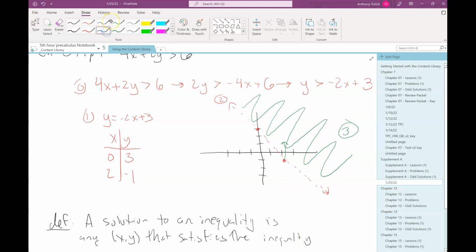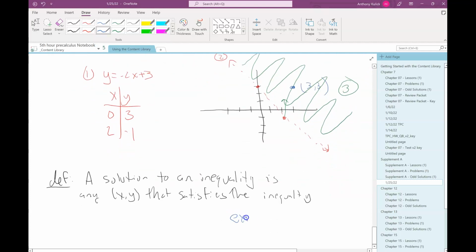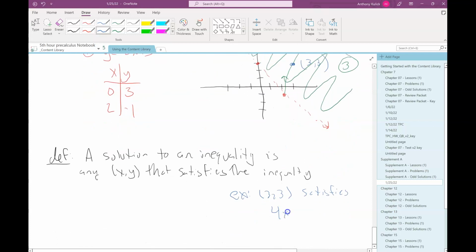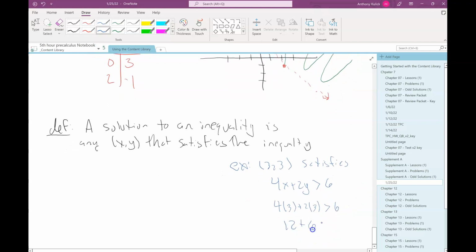So for example, even the point here, like 3, 3, that's not on the line, satisfies our inequality that we had here of 4x plus 2y is greater than 6. Since 4 times 3 plus 2 times 3 gives me 12 plus 6, which is definitely greater than 6.